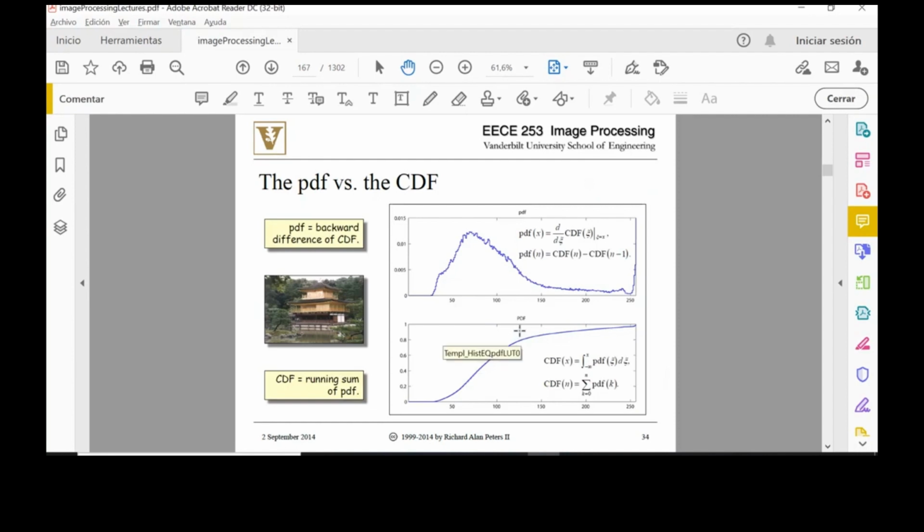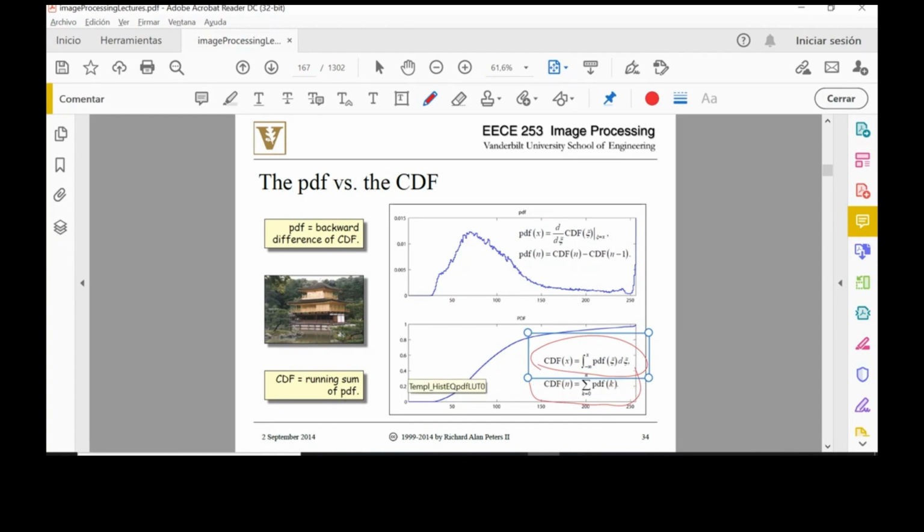And here we have some examples. So let's say that we have this probability density function. And that is something also interesting. We have computed the cumulative density function as a function of the probability density function.